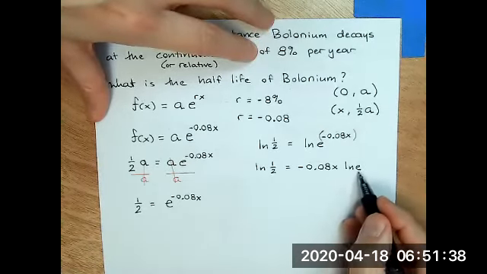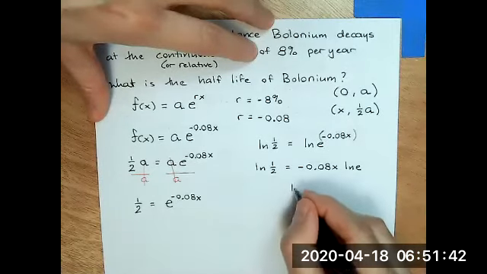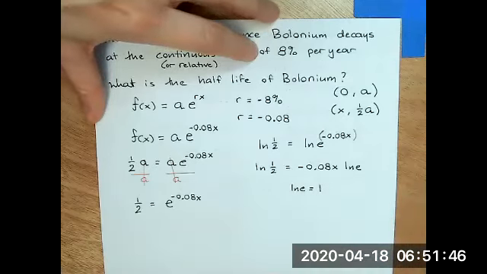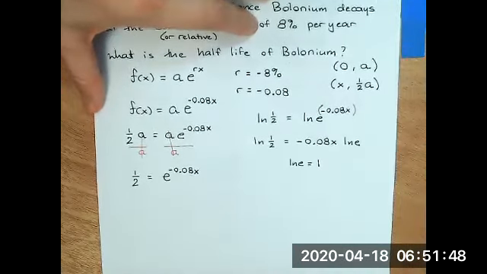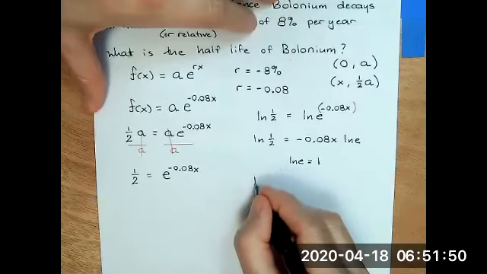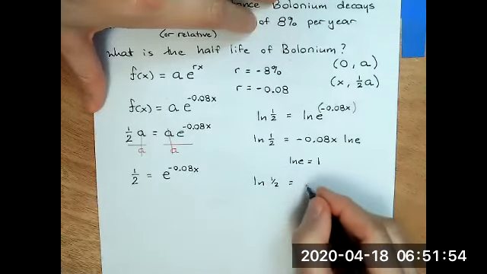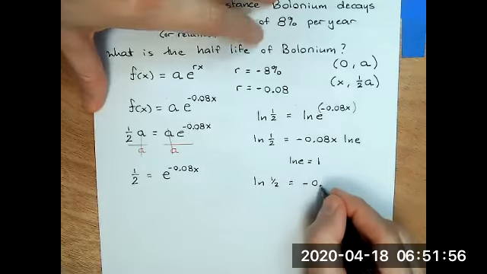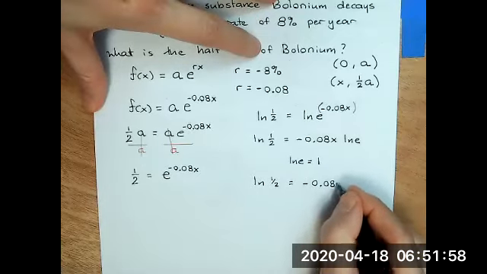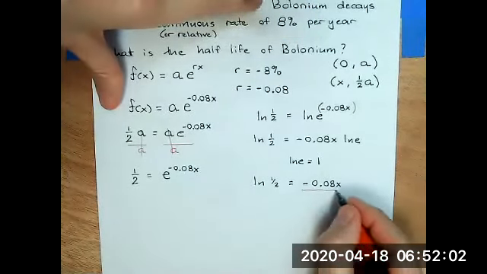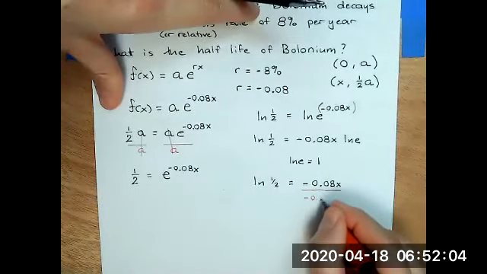And then we can simplify this equation by using the fact that the natural log of e is equal to 1. I divide both sides by negative 0.08.